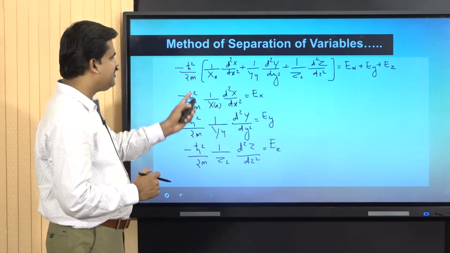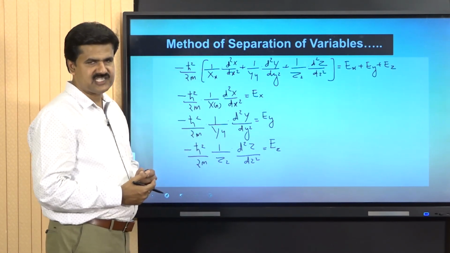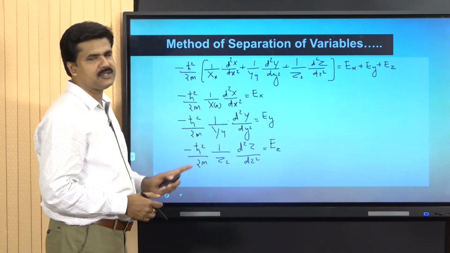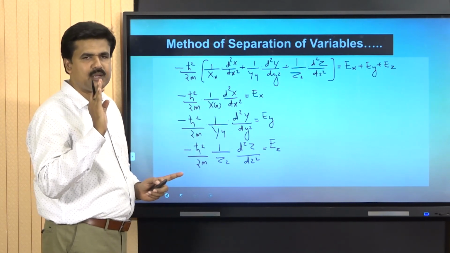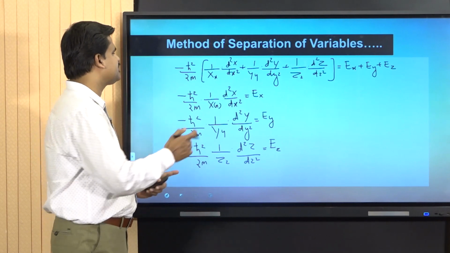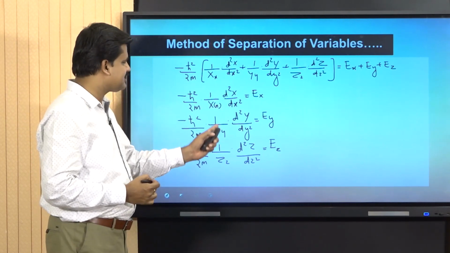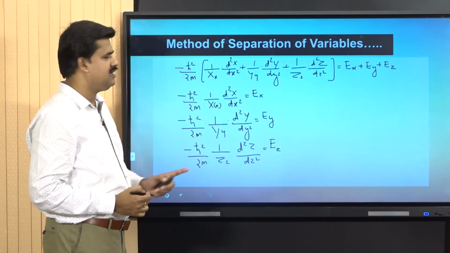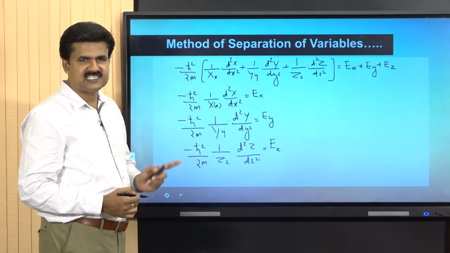Thus, we get three equations. Each of these equations contains only one variable. In the first equation, x is the variable. In the second equation, y is the variable. And in the final equation, z is the variable.